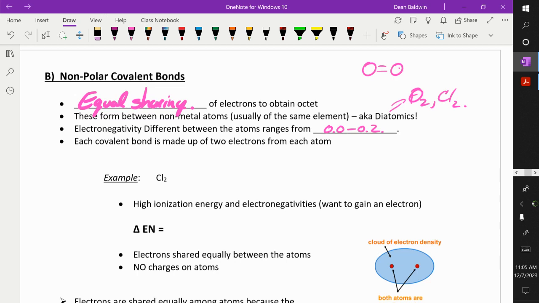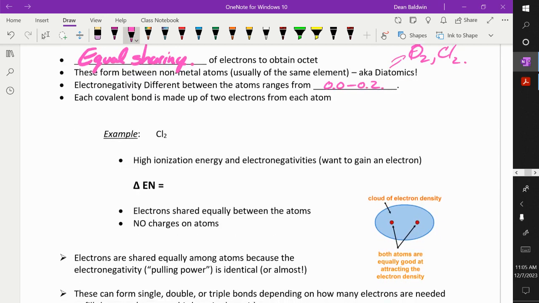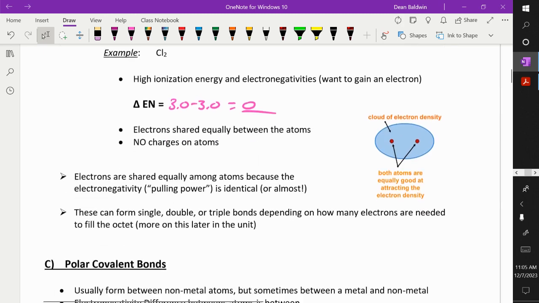They give the example of Cl2. Obviously, chlorine, the difference between the two of them is 0. So the electrons are spread equally. It has no charge in terms of this.